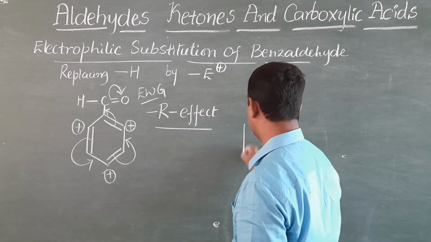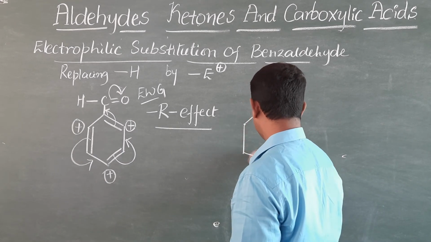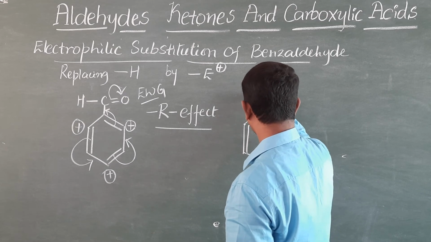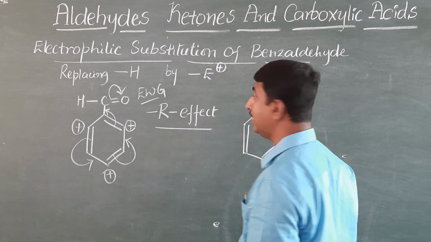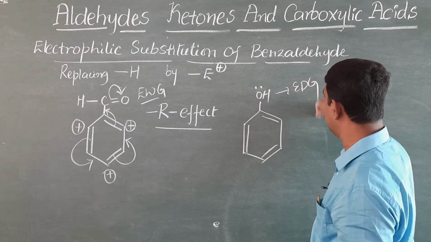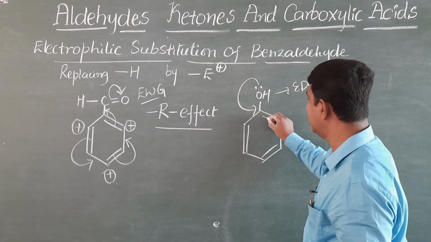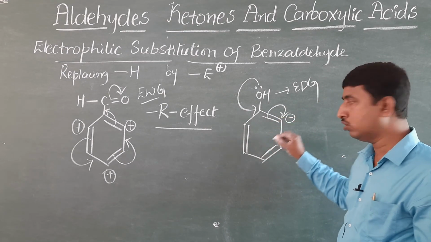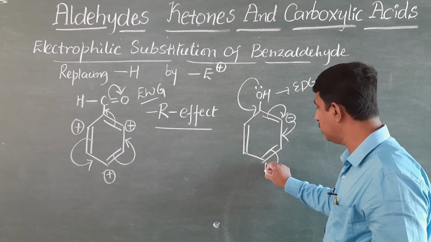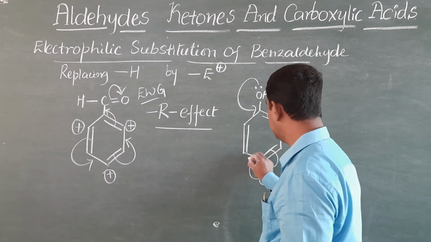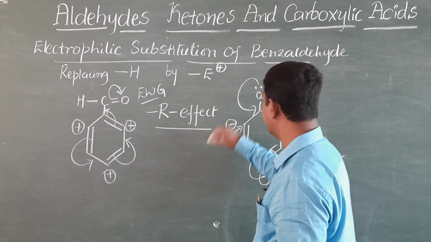What about an electron donating group? You studied phenol. In phenol, there is an OH group. In OH, oxygen contains a lone pair of electrons, and this is an electron donating group. It readily donates its electron to the benzene ring. So negative charge is created at the ortho position. In the next resonance structure, negative charge at the para position, and in the third resonance structure, again negative charge.